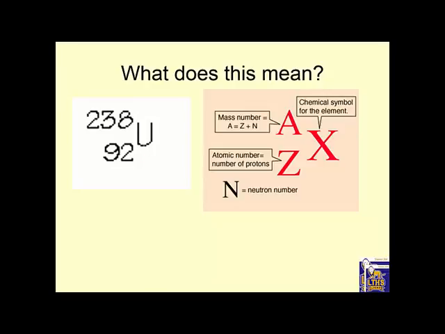Here's the name of it. Chemical is uranium. It's not the name, it's a symbol. And then this bottom number is the atomic number. Okay, it's the number of protons. This top number is called the mass number. And the mass number is protons and neutrons added together. So it's the heavy parts of the atom, gives it its mass, and then the chemical symbol.